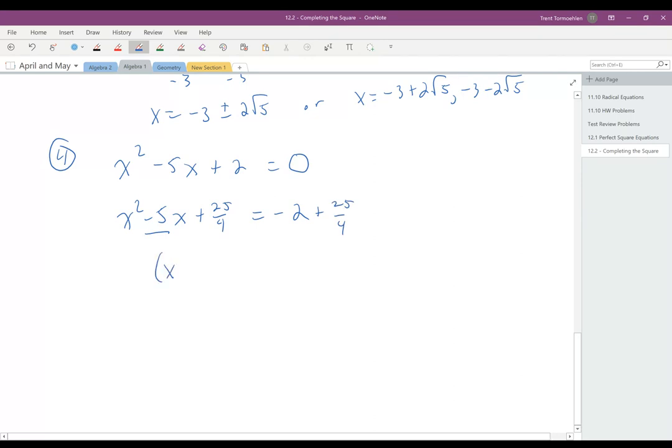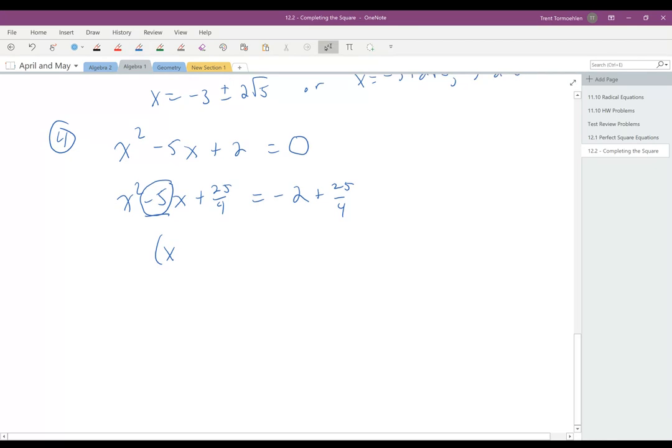This is where it's helpful to know that you take half of this term. That's what was squared, and so that's what is going to be in the factorization. So it's just going to be x minus 5 halves. And then -2 plus 25 fourths just turns out to be 17 over 4. So now when I take the square root of both sides, I get x minus 5 halves equals plus or minus, well, square root of 17 we don't know, but the square root of 4 does turn out to be 2.